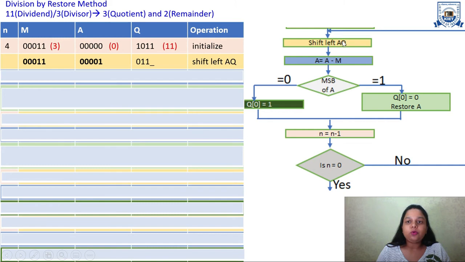Now we need to shift left AQ. So AQ is this value, and we will shift it left. The first bit of A will be shifted out and omitted, because the size of the register is fixed. So whatever value comes out at the first position will be omitted.